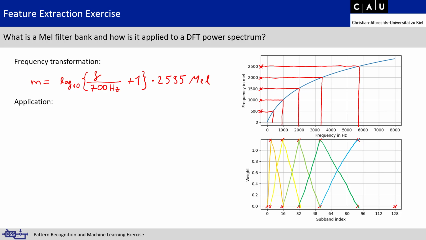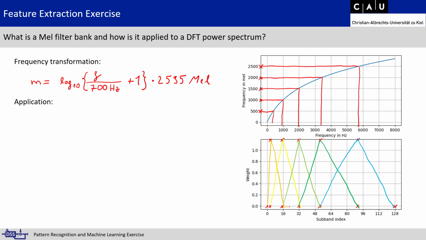What is also important here is that when I apply this filter, I have to multiply it with my DFT power spectrum. So I actually have to define it over all subbands. Here, of course, I have the subband indices on the first axis. Wherever I have not marked the triangle, this filter or this vector later on has to be 0.